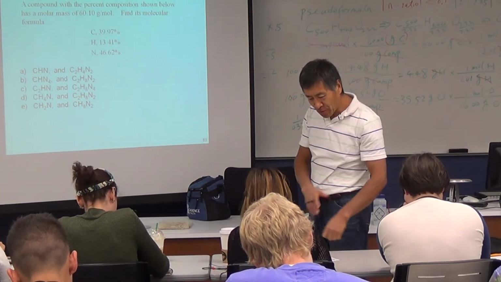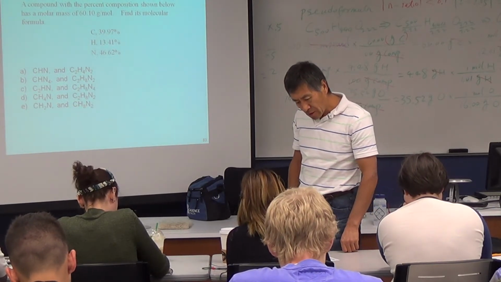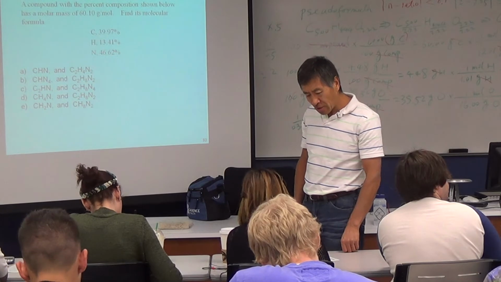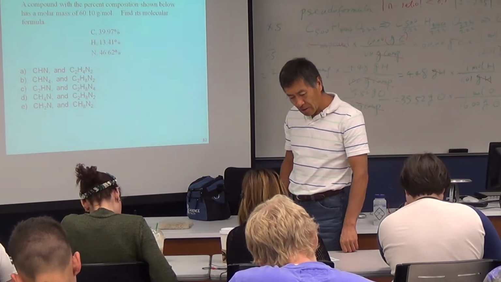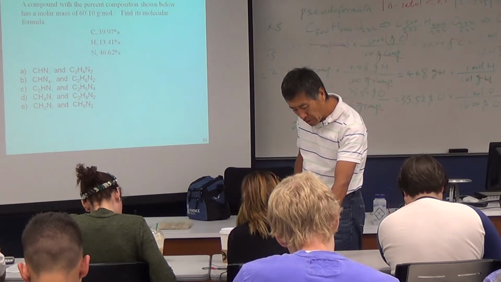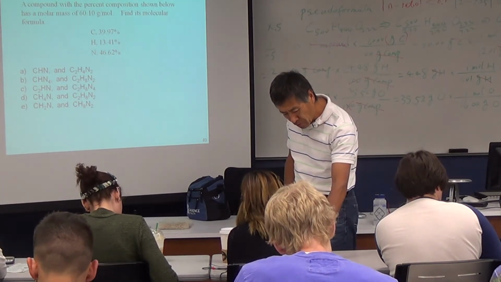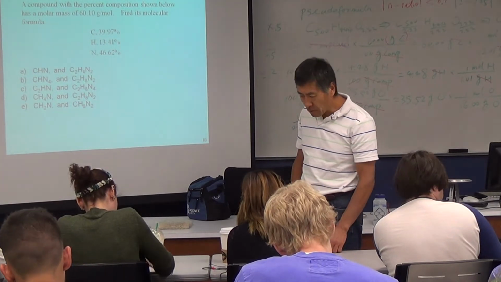Where's the moles for all of those? So you already converted into the ratios. Well, that's the molar mass of the compound. Yeah, and then here you get the moles for each of those, and then you divide by the smallest mole. That's it.